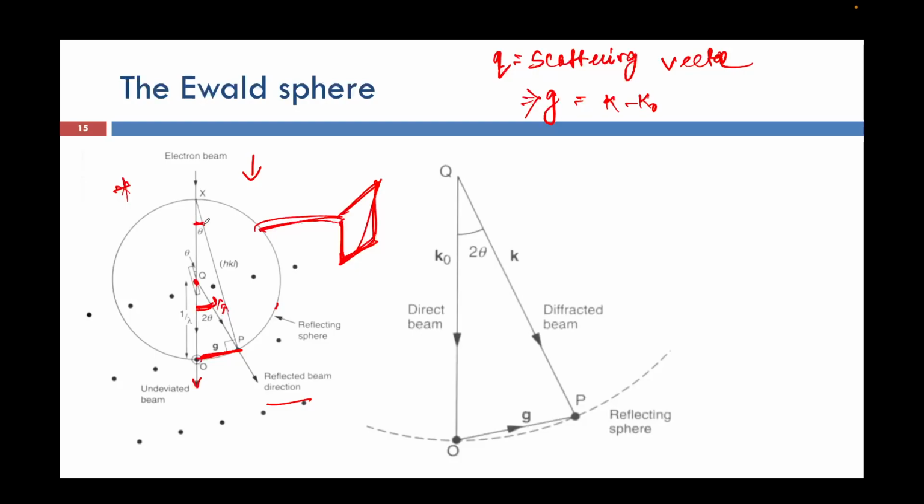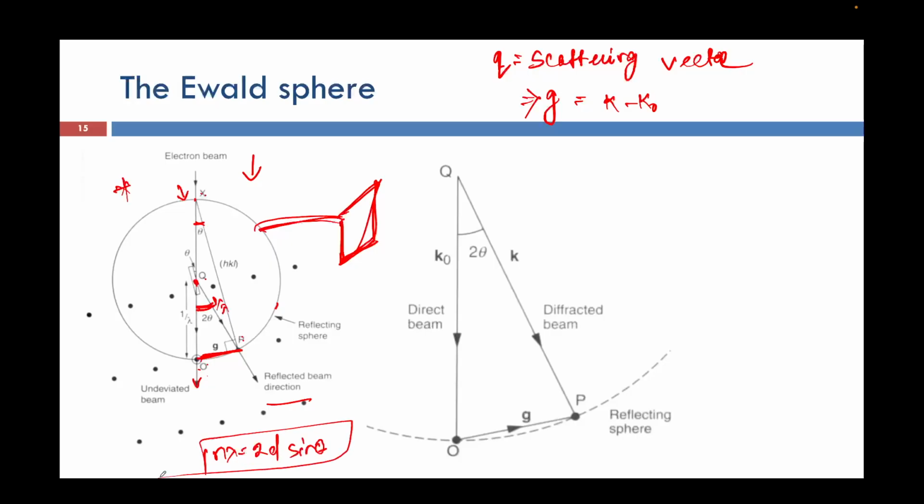If you want to calculate the Bragg's angle, you put the geometry to this sphere. Take the triangle of Q, O and P, the geometrical relation between them, and compare it with the relation from the triangle X, O and P. Then you will be able to derive Bragg's law, n lambda is equal to 2d sin theta.